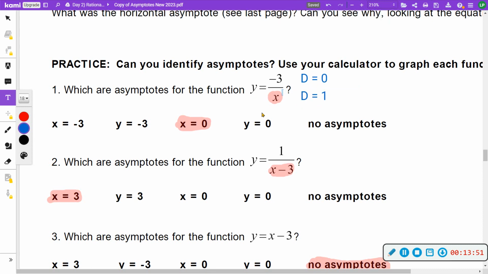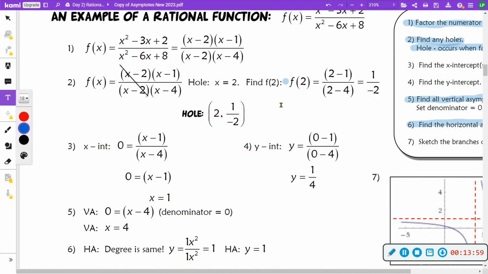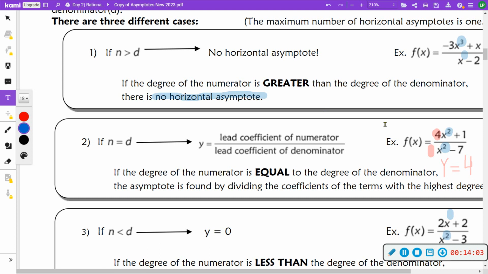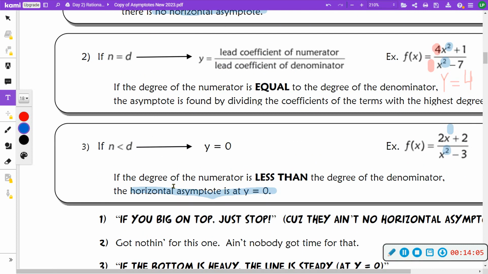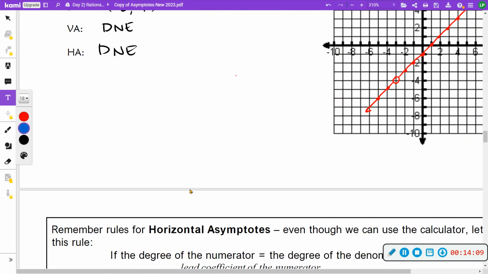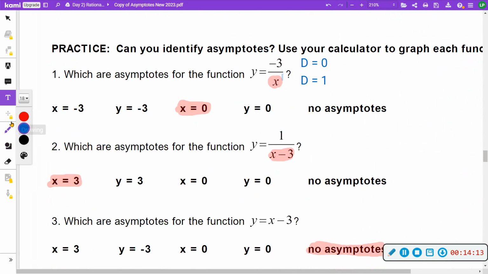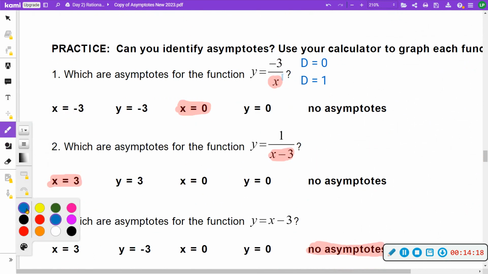So let's see, do we remember what happens when the degree down here is bigger than the degree up here? Let's go look. I always forget too, I have to go look. When that's bigger than that, we have a horizontal asymptote at y equals 0. So my horizontal asymptote is y equals 0.